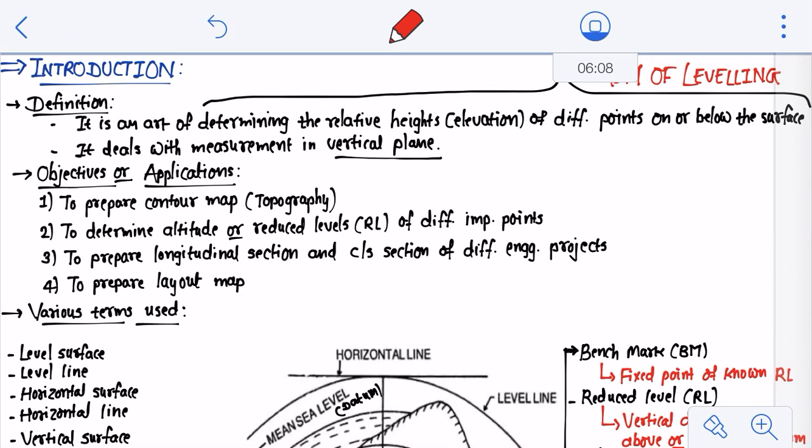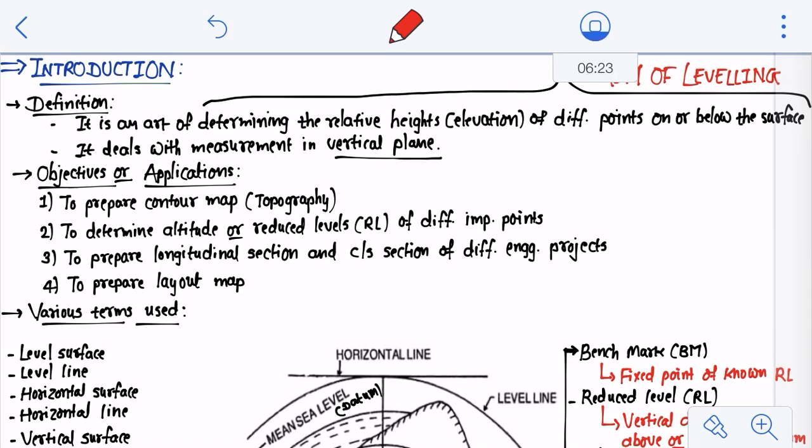So it is the art of determining relative positions or relative heights or the elevations of different points on or below the surface. That is termed as leveling, right? And it deals with the measurements in the vertical plane, as I just discussed with you.